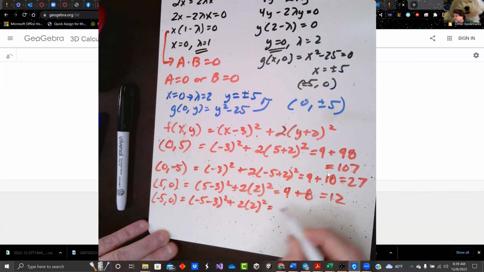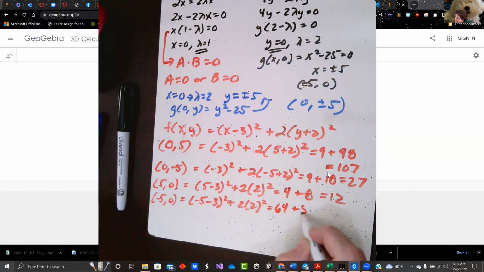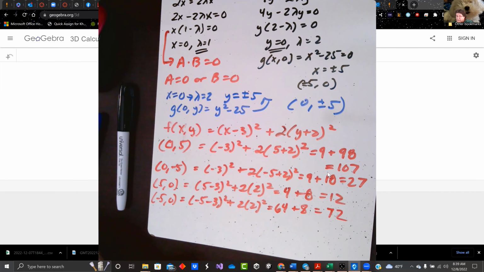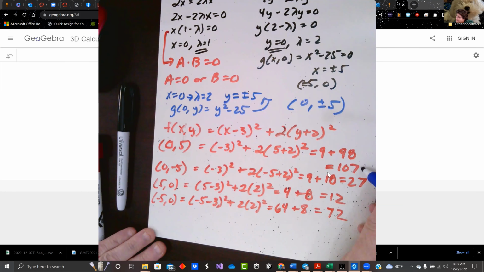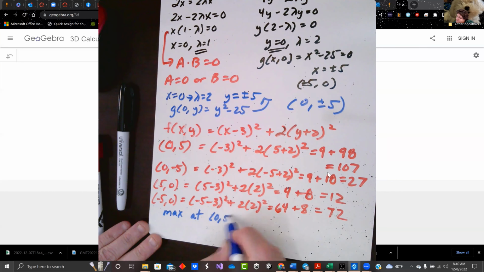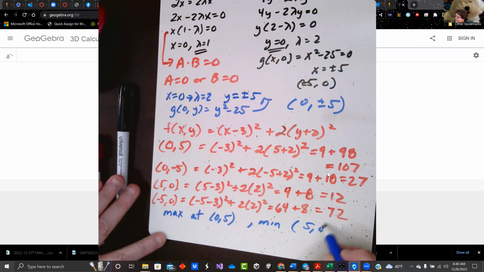Plugging in negative 5, 0: negative 5 minus 3 is negative 8, squared is 64, plus 8 is 72. So now my max is at 0, 5. My min is at 5, 0.